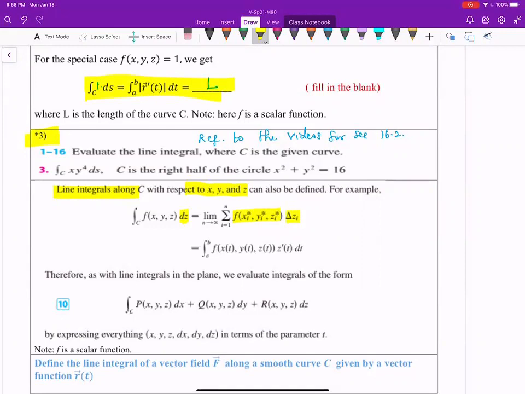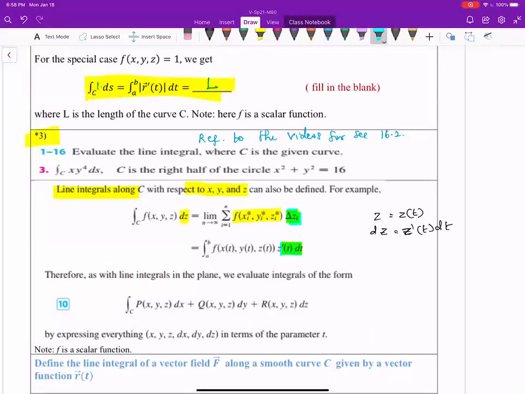The Riemann sum can be converted to an integral from a to b of f of x of t, y of t, z of t. Then z is a function of t, z equal to z of t, so dz becomes z prime t dt.